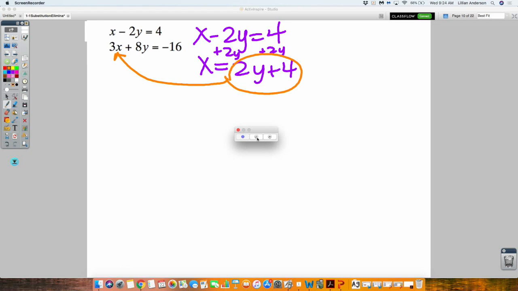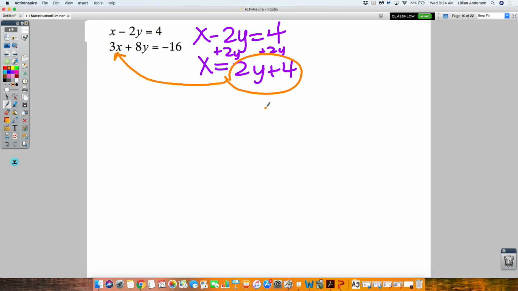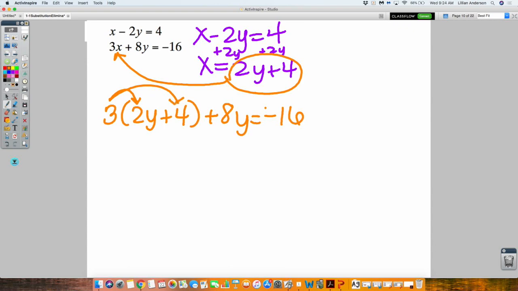Okay? So from here, we were able to take the first equation, solve for one variable, so that way we could substitute it in. So when we substitute it in, we're substituting into the second equation. And then we're solving from here. Okay? We're going to distribute the 3 to get 6y plus 12 plus 8y equals negative 16.